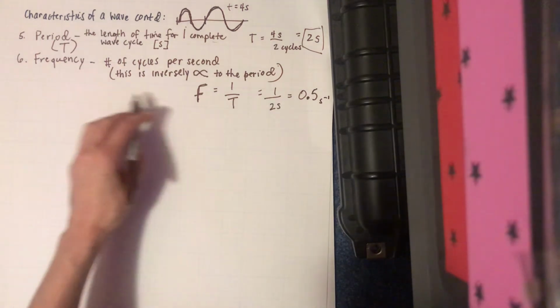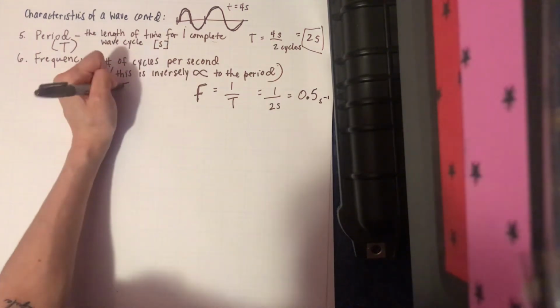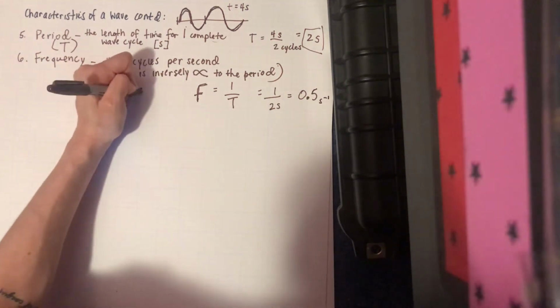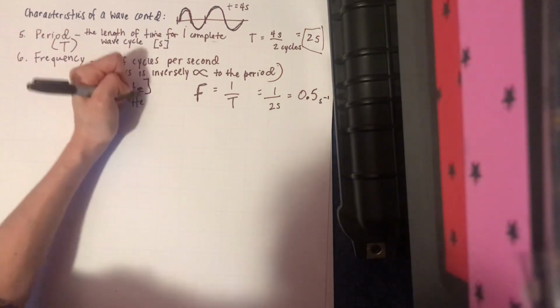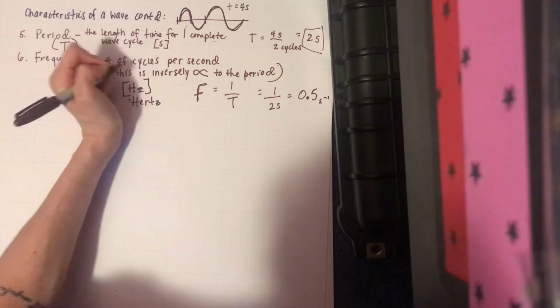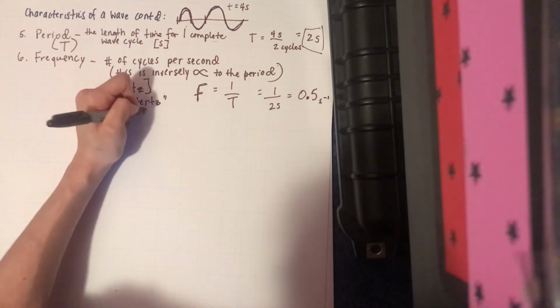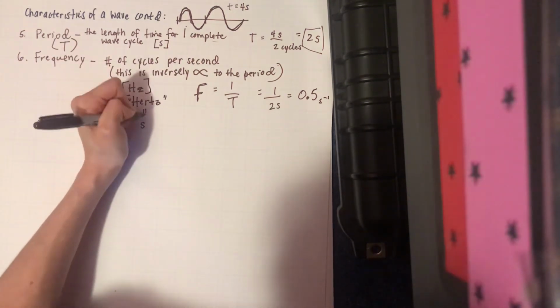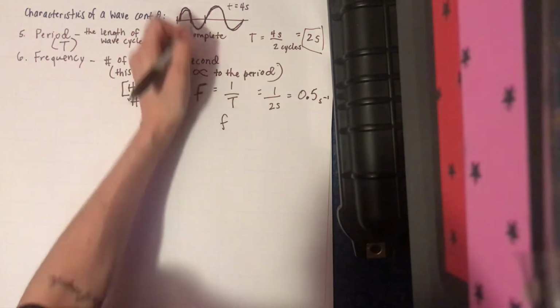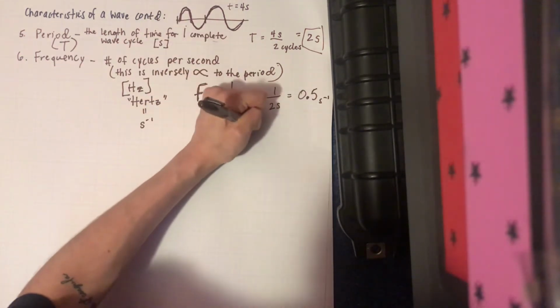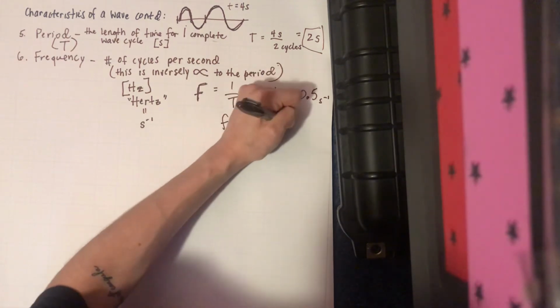Or, more commonly used, is the unit called hertz. Okay, hertz. That is our unit of frequency, and hertz is the same thing as saying seconds to the negative 1. Okay, so really the frequency of the wave shown is 0.5 hertz.